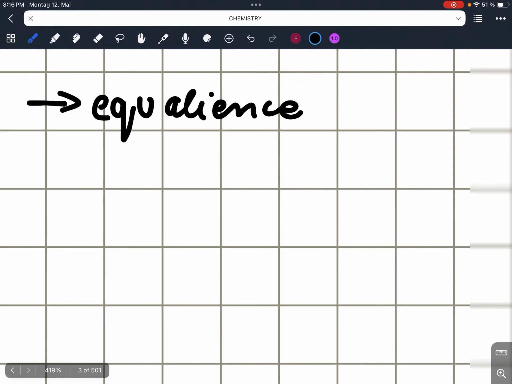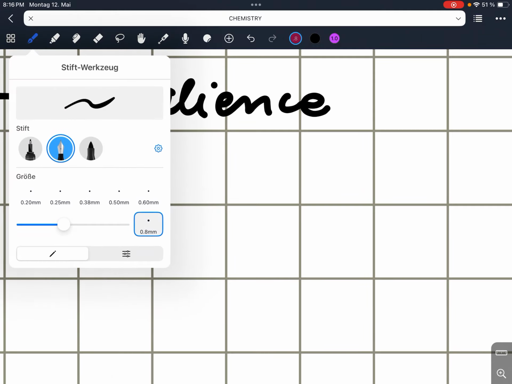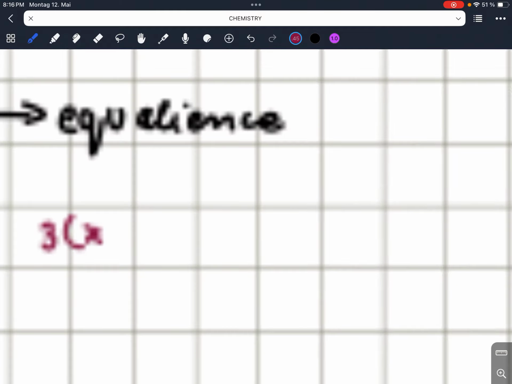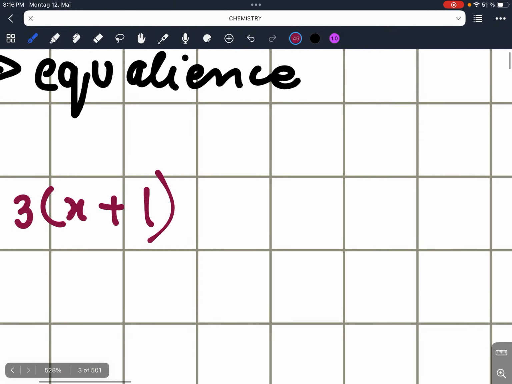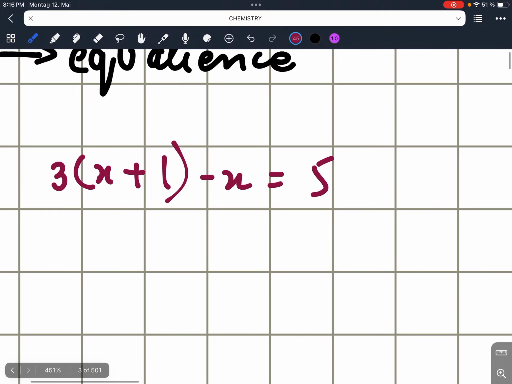If I go with equivalence, we're always going to understand with an example. We have an example: 3(x + 1) - x = 5.